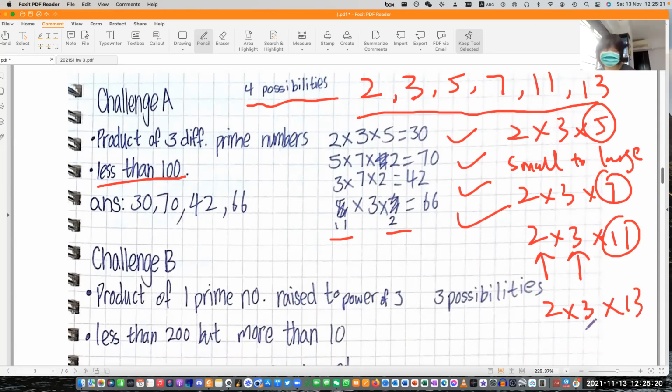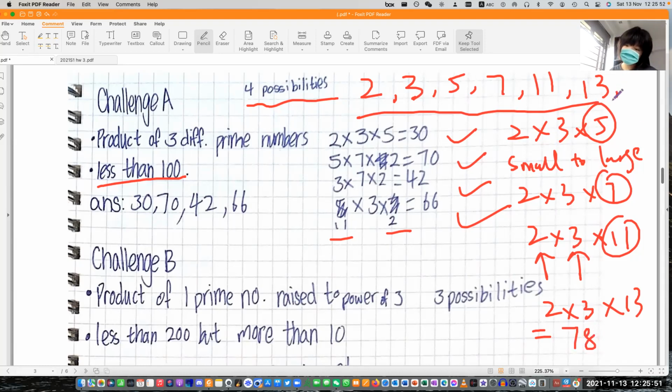Then you probably want to try this. Is this still valid? I think so. This is 2 times 3 times 13, so you have 6 times 13. What is 6 times 13? Can you take out your calculator? 78. Okay, good, 78.